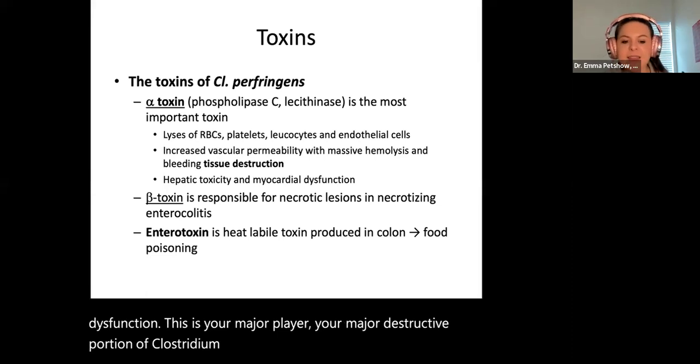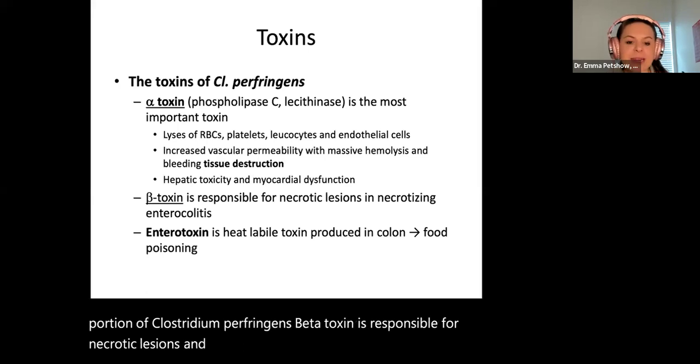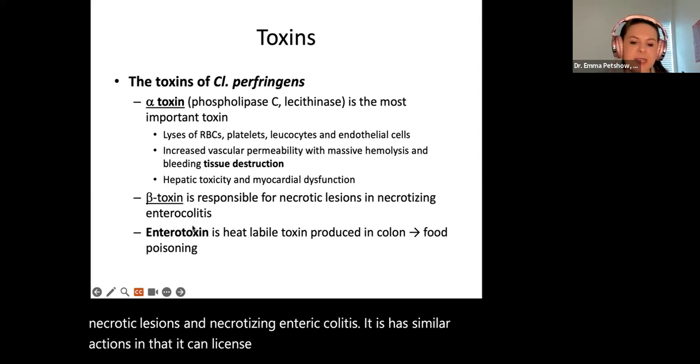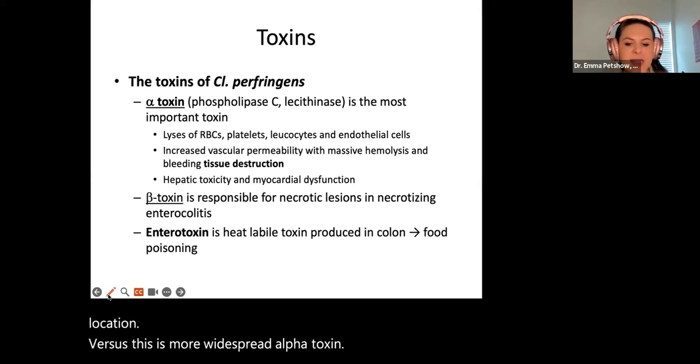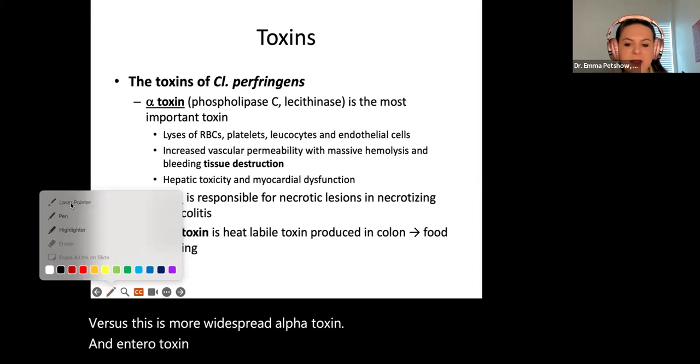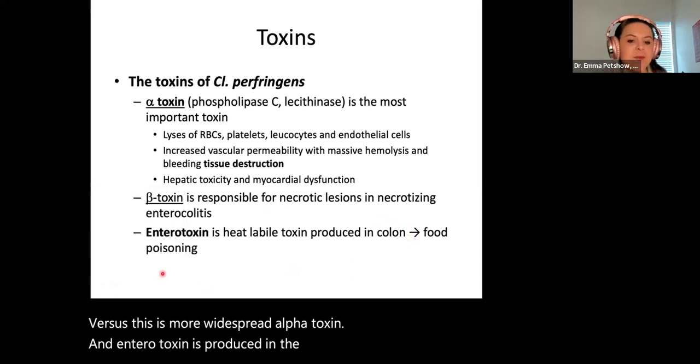Beta toxin is responsible for necrotic lesions and necrotizing enterocolitis. It has similar actions in that it can lyse some cells, but it's more specific to location, versus the more widespread alpha toxin. And enterotoxin is produced in the colon and is related to food poisoning.